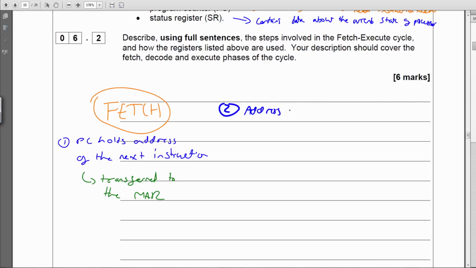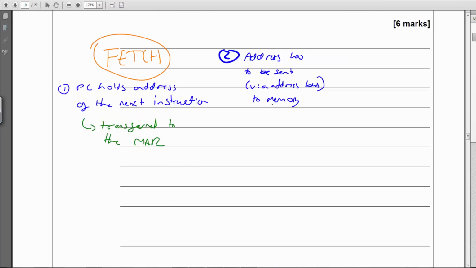So I guess the next step would be that the address is going to be sent. You can see me having to think about this. This isn't something I just remember. The address has to be sent via something called the address bus to main memory. So the address has been sent to memory.